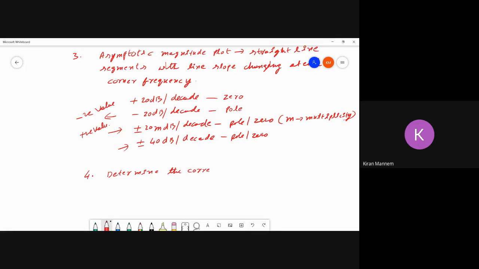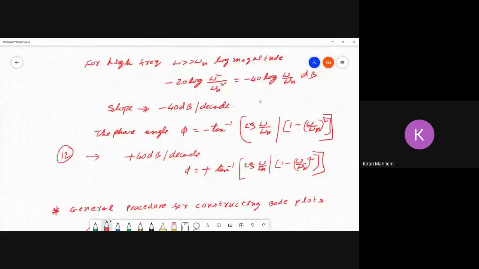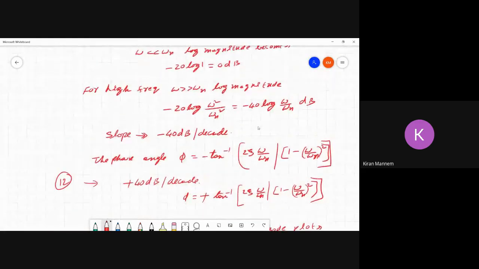If you have the pole of the type 1 by 1 plus j omega T, or zero of type 1 plus j omega T, whole to the power of n. And also for quadratic poles, the correction factor would be multiplied by n.